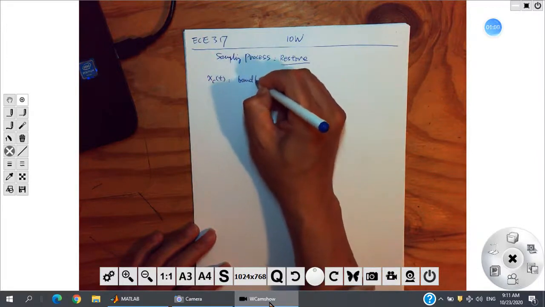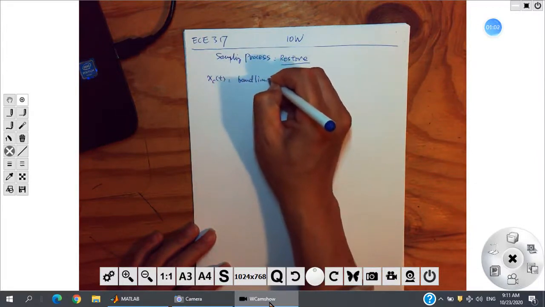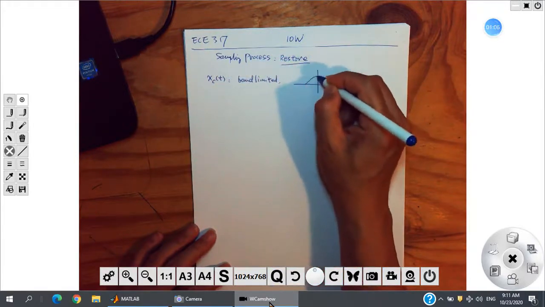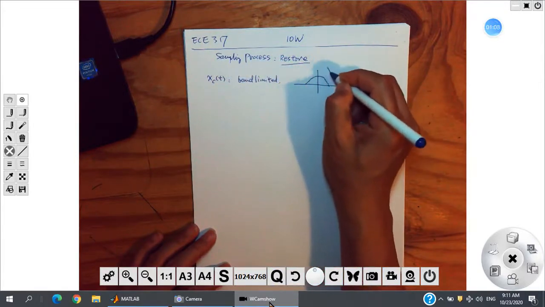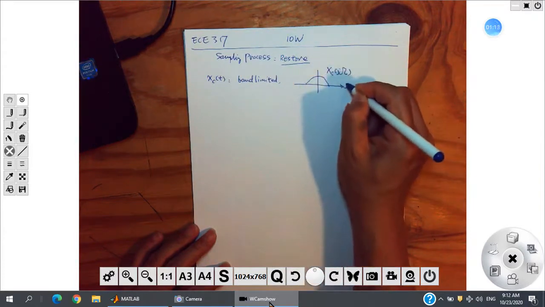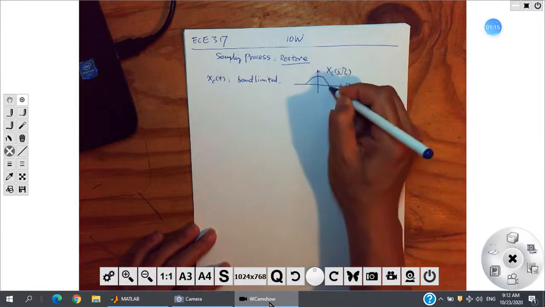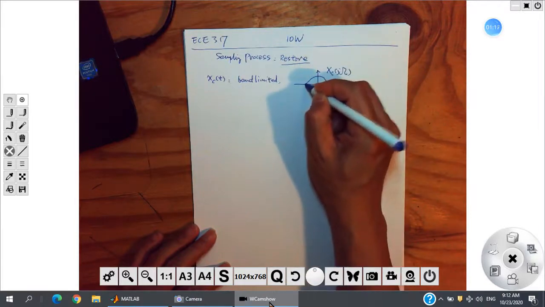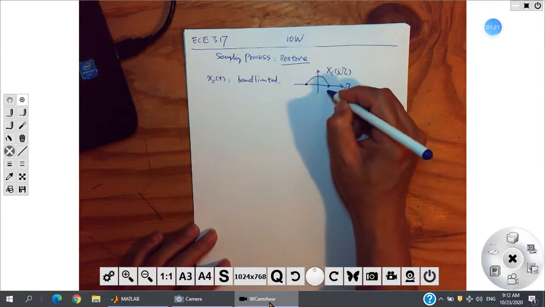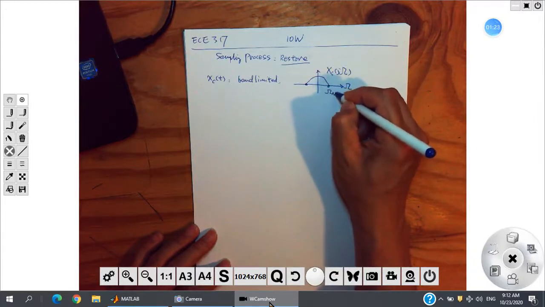Then the spectrum looks like this. This is capital X_c of j omega, and we have the limited frequency, the highest frequency. This is omega_N, right?